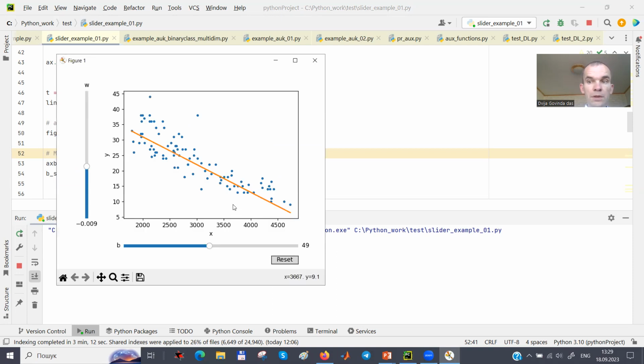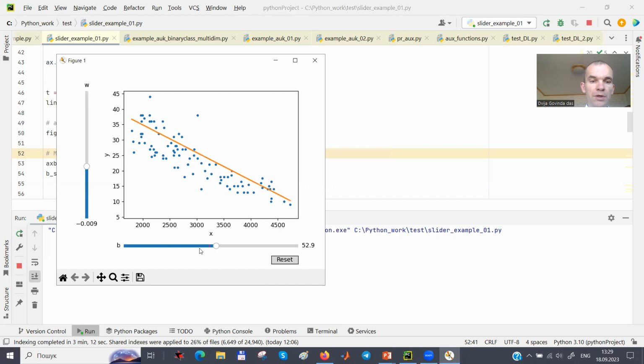We have the same set of pairs x and y, and we can see how the line which we are trying to construct, which approximates these data points, depends on the values of w and b.